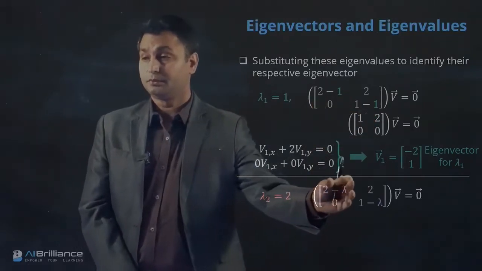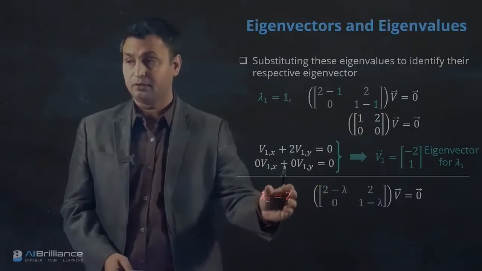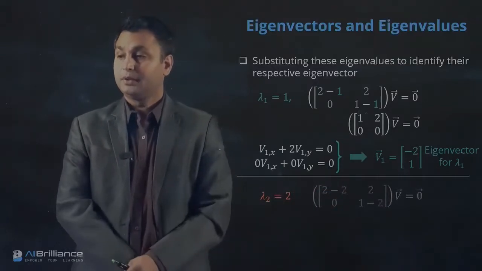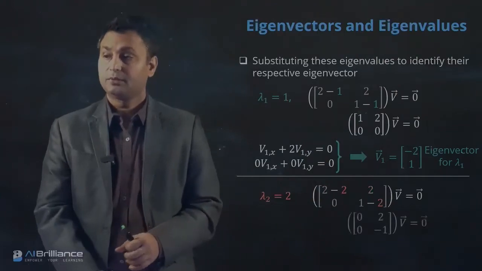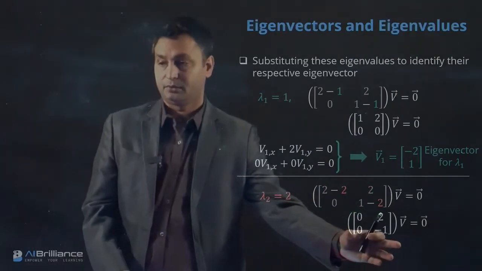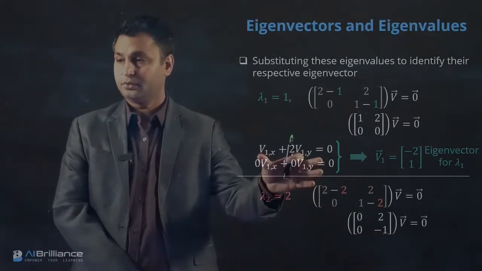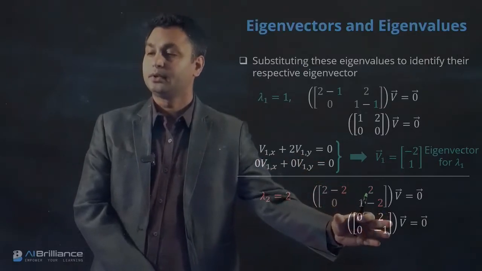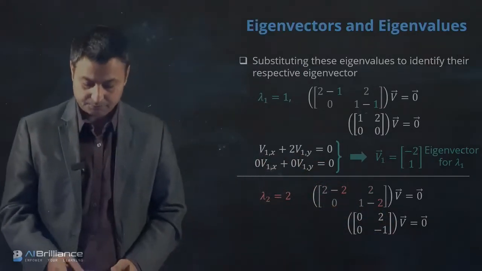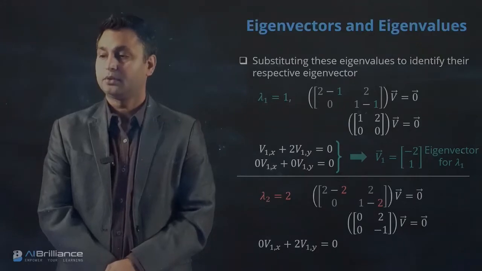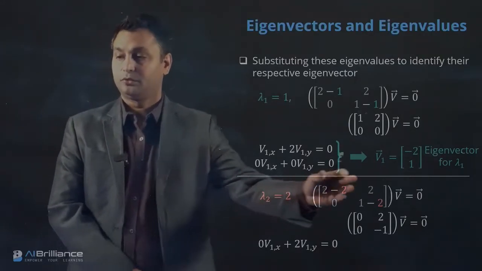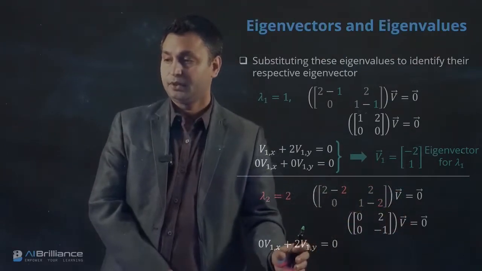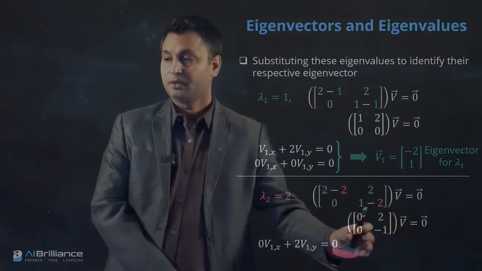In place of lambda, we will substitute lambda 2 equal to 2, and from there we will simplify, which will give us this equation, and simplifying further we'll get this equation. Similar to the previous case, this will also lead to two corresponding equations, and you can check by assuming that the first component of v is v1x and the second component of v is v1y.